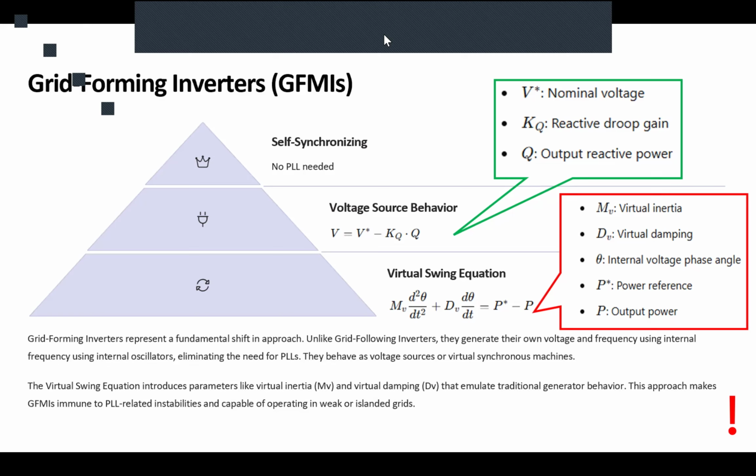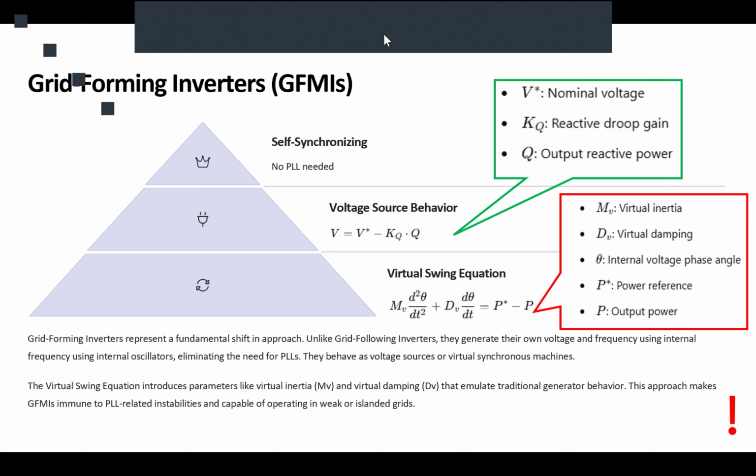We call it virtual inertia. Same as D, the damping factor here is also virtual, because we don't have a physical damping factor. We just say, because grid forming works like a synchronous machine or a rotary machine, the grid forming behavior could be represented with an equivalent damping factor.